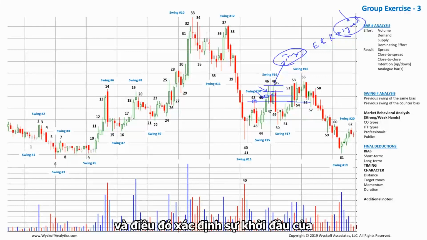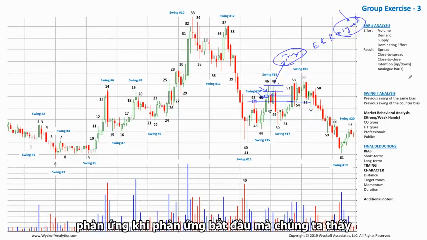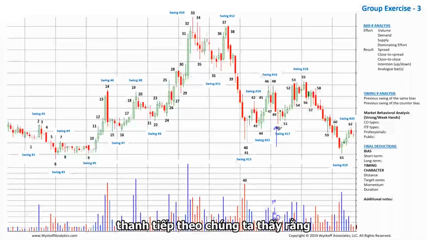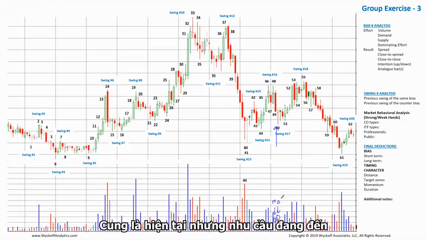And that defines the beginning of the reaction. As the reaction starts, we see that supply is present, and then on the next bar, we see that supply is present, but demand is coming in. Volume increases, and yet the result is better than the previous bar. What does it mean? That means that demand is there. Demand is present.